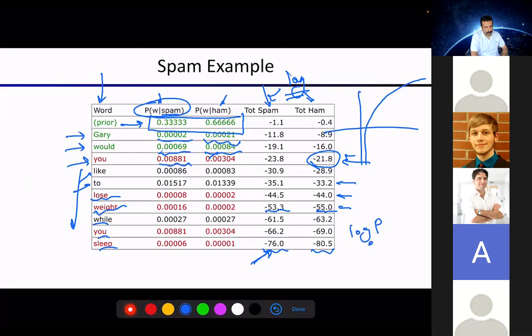So basically your numbers lie here. So you're talking about negative numbers. Does it make sense now? Yeah, that makes more sense.